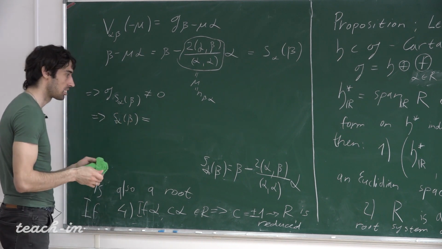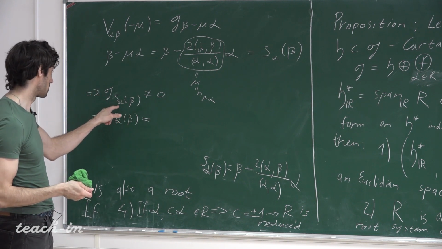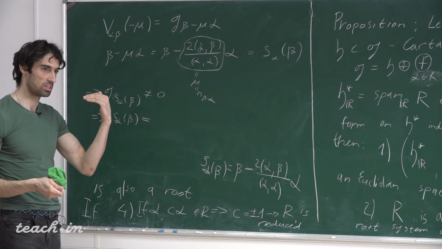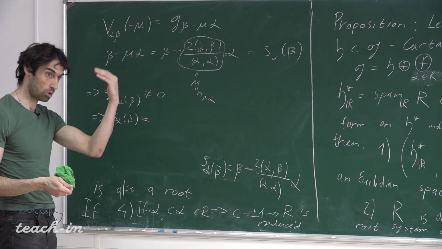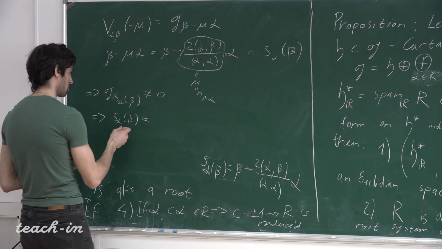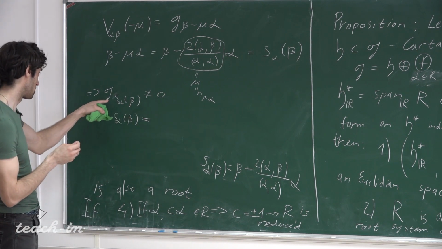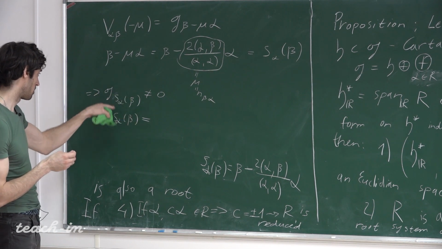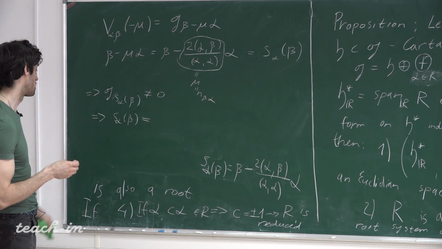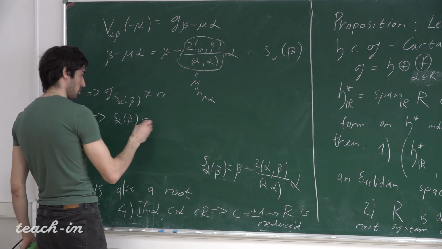So roots are exactly elements of H star such that we have a corresponding common eigenvalue for H, and the corresponding G for such an element of H star is not 0. So it's just by definition.